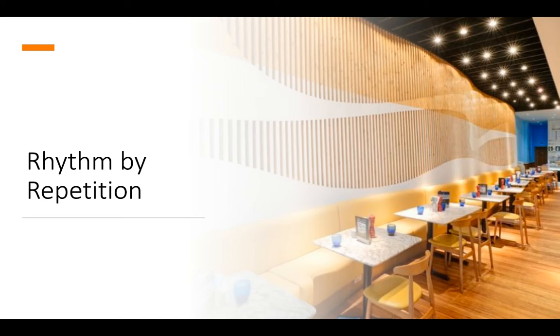So, for example, this is an image of a pizza shop by Bayners and co-designer, and this shows the repeating wood slats on the wall over and over again. This creates a playful rhythm and draws your eyes through the space.